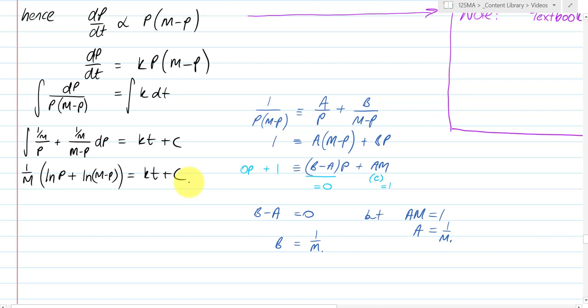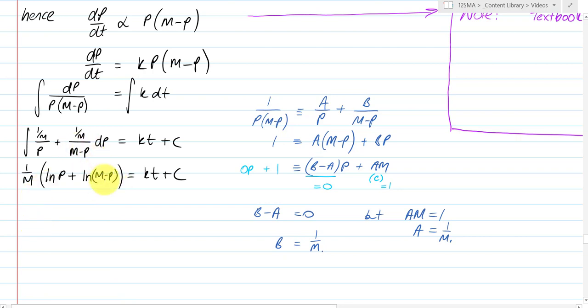Now I'm going to take this m factor at the front here and take it across the other side, and I get log p, well actually I'm going to combine these logs. Sorry, I have missed something here, which makes this work a bit better.